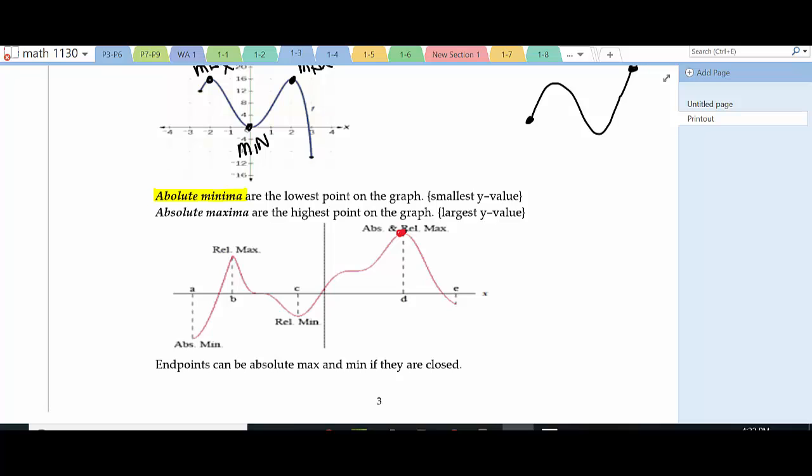This point right here would not be a relative because it's an endpoint, right? But it would be the absolute minimum because that's the lowest point the graph ever hits. Does that make sense? Okay? So again, you've got relative max, relative min, relative max there, and the endpoints would only count as an absolute min. That's it.